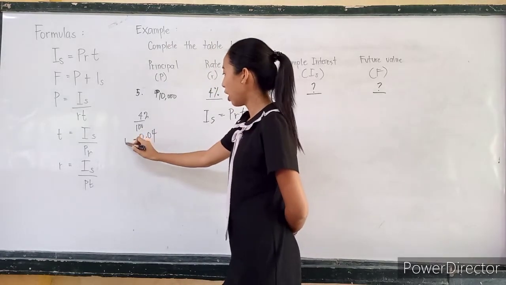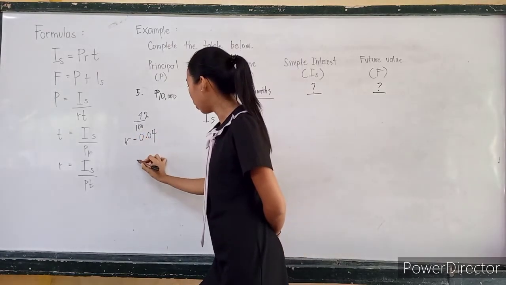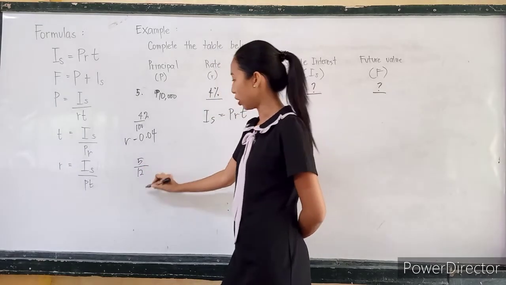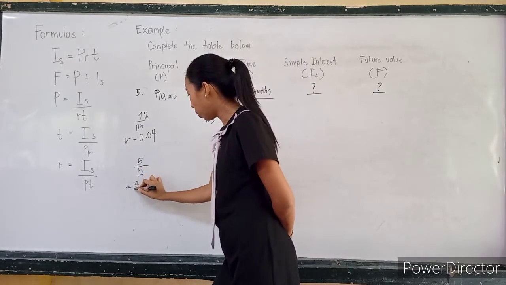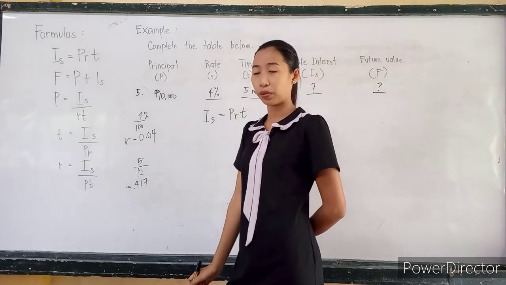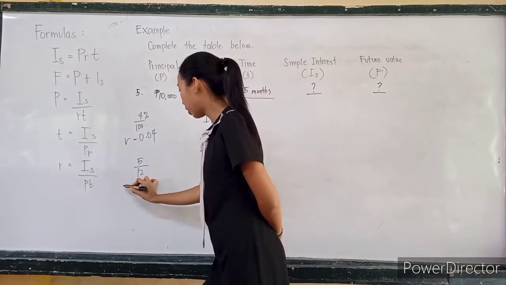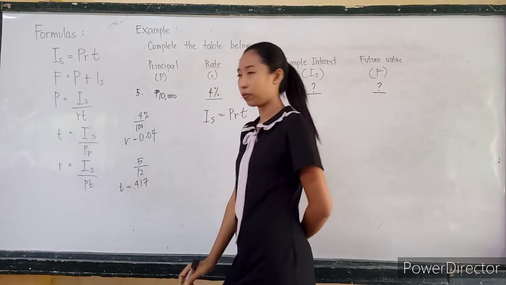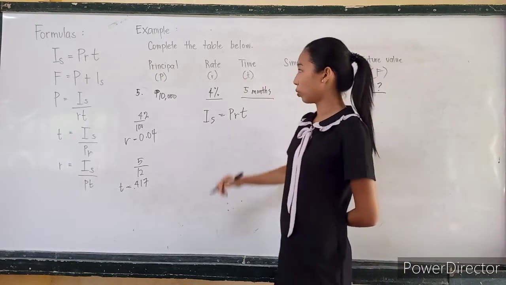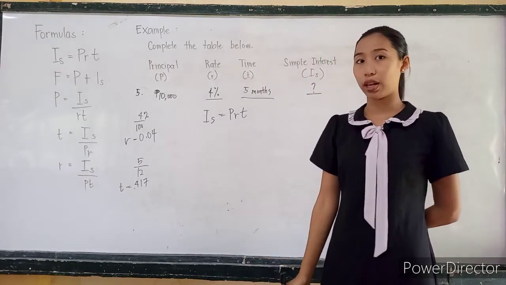That is our R. And for our time, we are going to have 5/12. 5 months divided by 12 months is going to be 0.417 years. So, this is your time now.